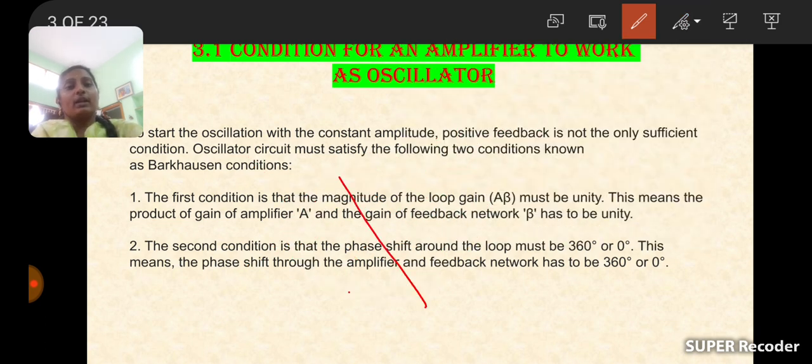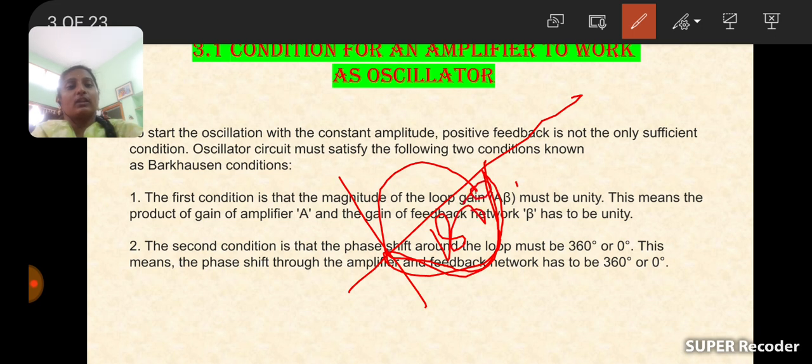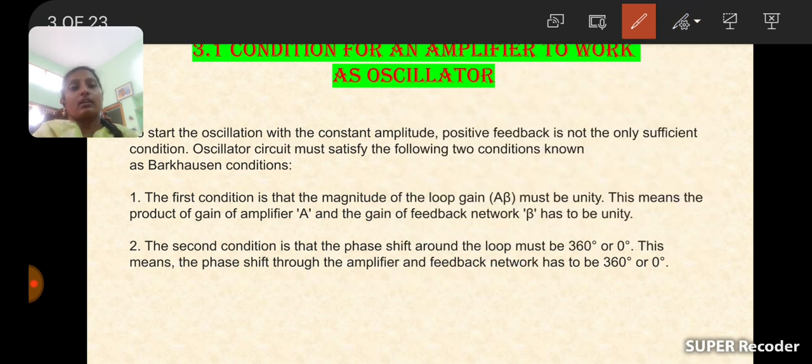To make the positive half cycle we have 180, and to make the negative half cycle we require another 180. So a total of 360 degrees phase shift is required for one circuit to work as an oscillator. Why? Because to produce oscillations, 360 degrees phase shift is essential.